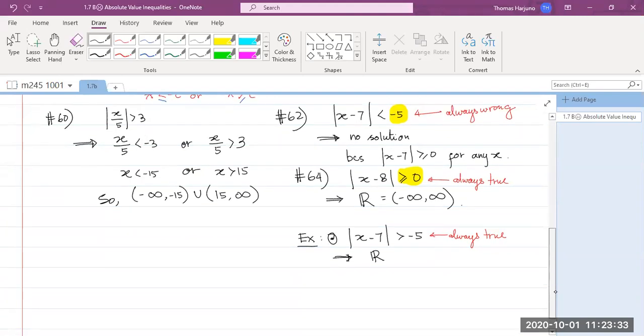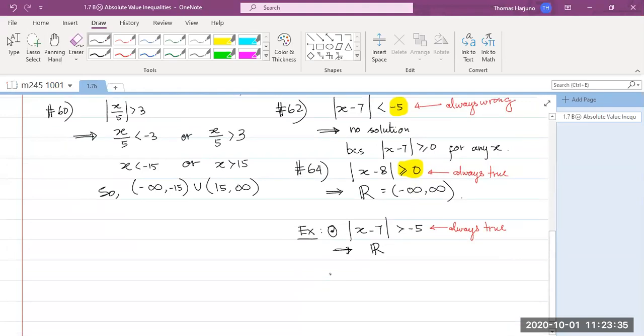Now, number 64, I go back a little bit. How about absolute value of x minus 8 is greater than 0? Is this always true? That's right, not at 0.